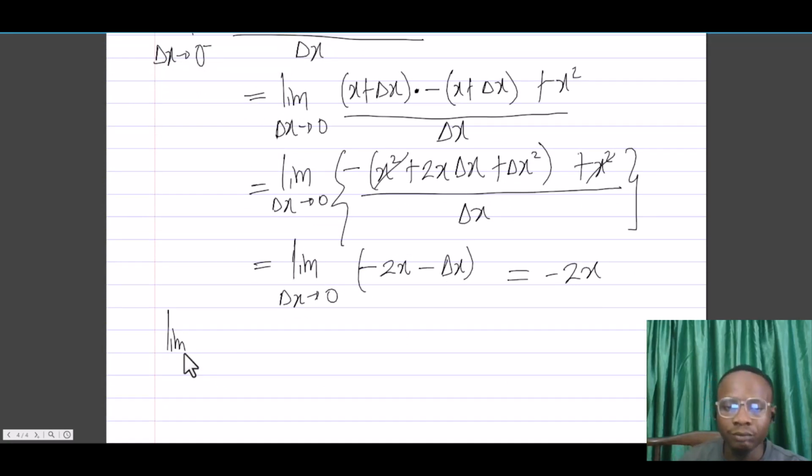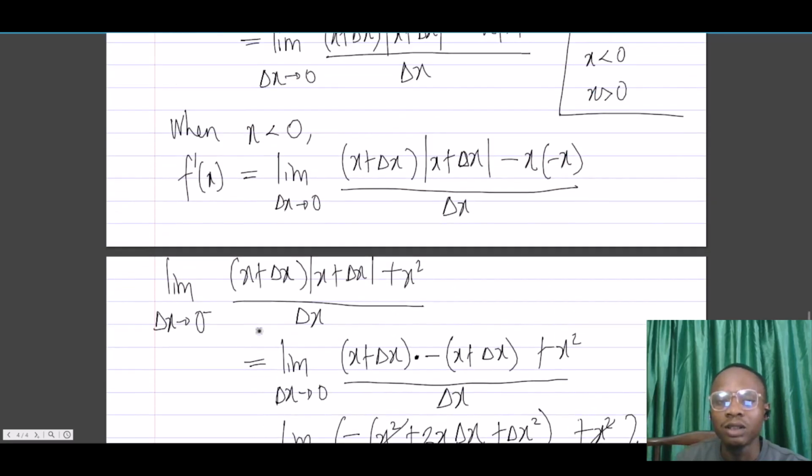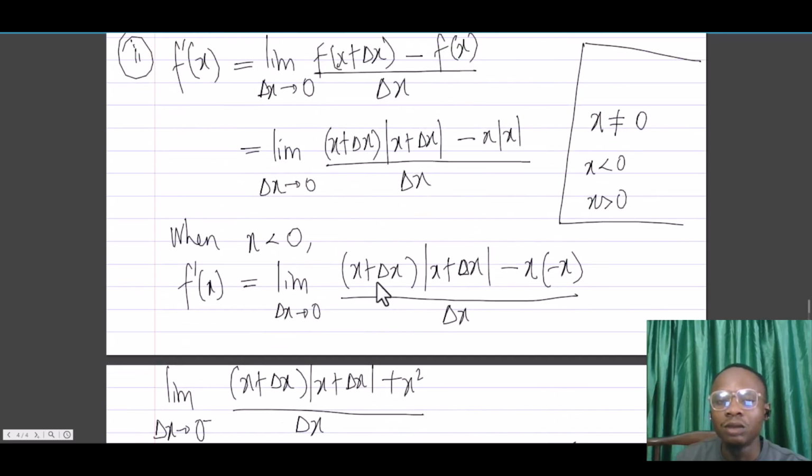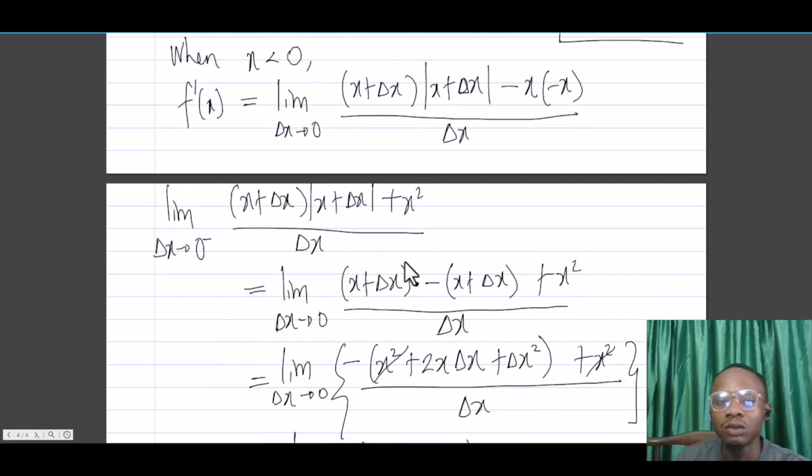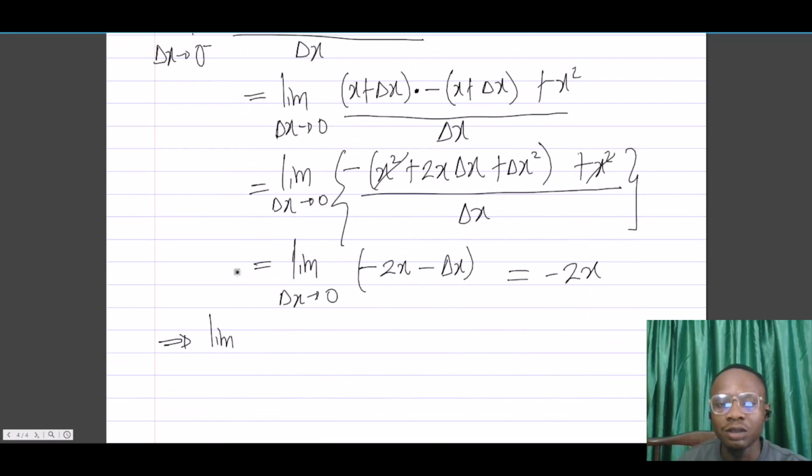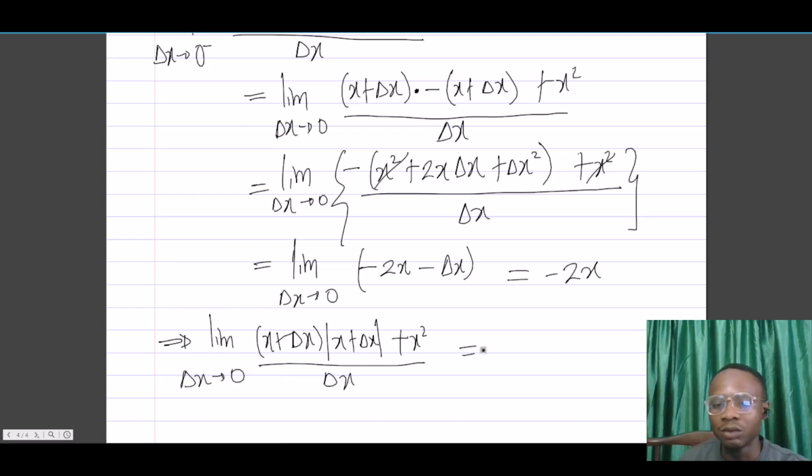And now we should consider what happens. So it also follows that the limit of this function that we are dealing with here, the limit of x plus delta x multiplied by the modulus of x plus delta x, plus x squared, divided by delta x as delta x approaches 0, is basically equal to minus 2x.